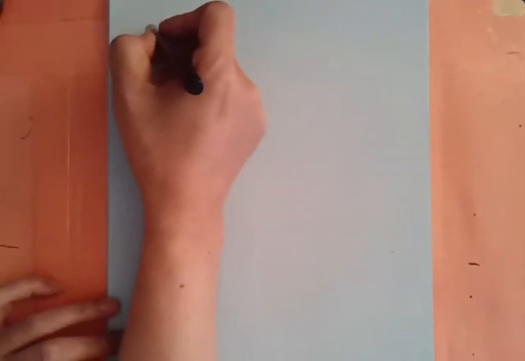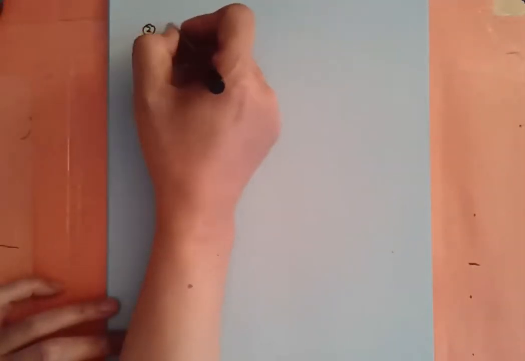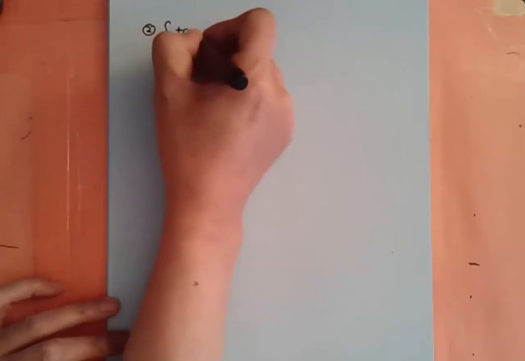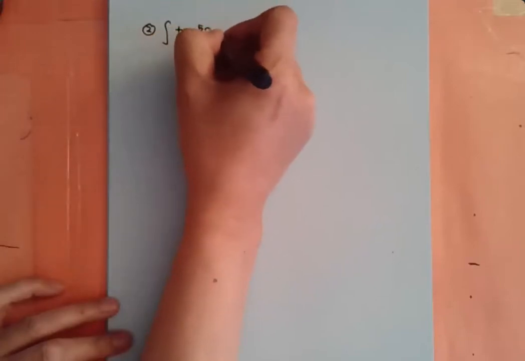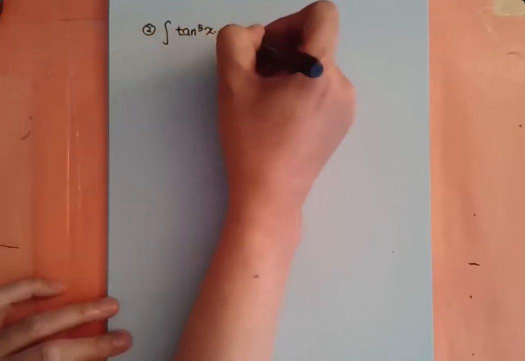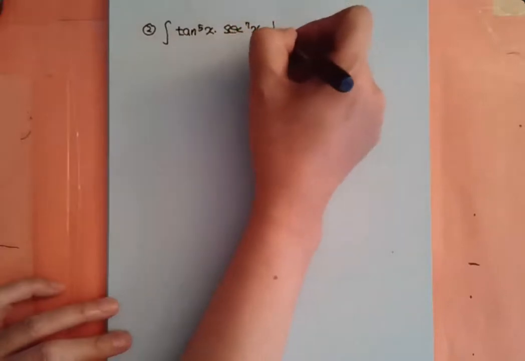Let's do a different pattern of the problem. The second one is the integral of tangent to the 5th power x times secant to the 7th power x dx.